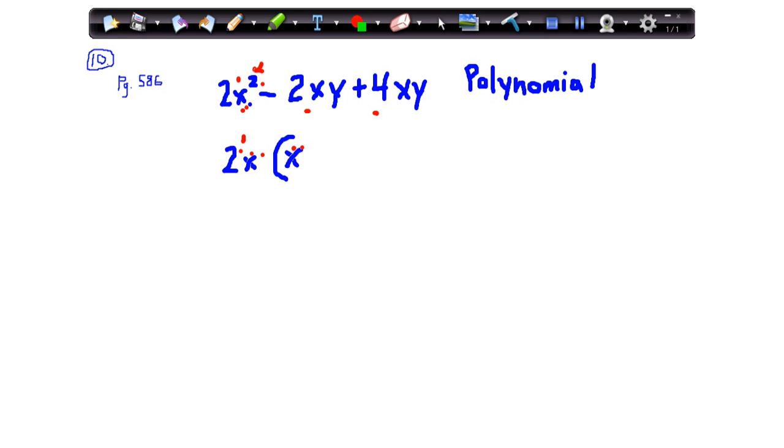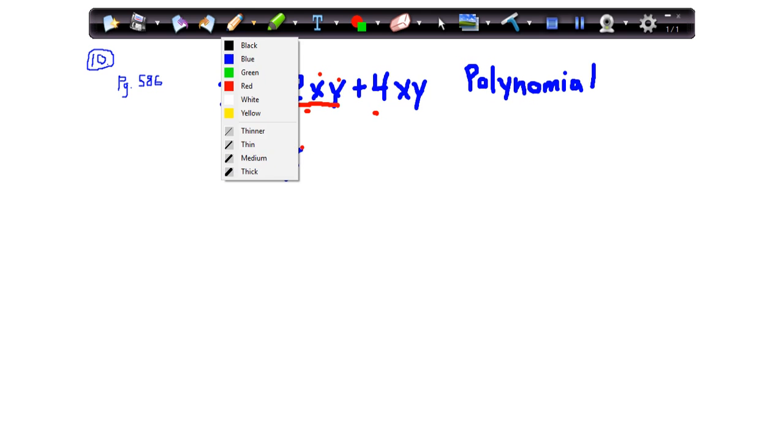So what do we do next? We factor the next term, and you can see this entire term is negative. Negative 2xy. The first part of this term is 2x, and we have that already right here. But we do not have the negative y, so let's put it here.